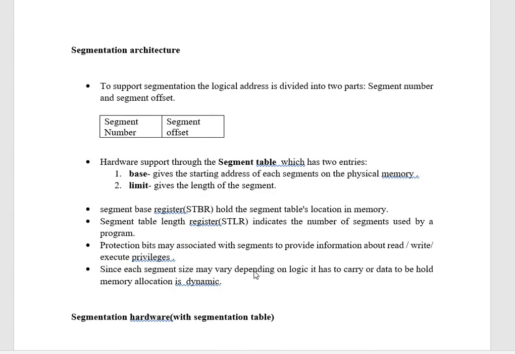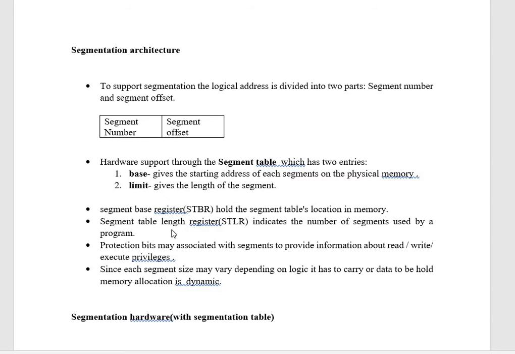Again, we have some register support for the segmentation architecture. The first register is the segment table base register, STBR, which holds the segment table's location in memory. Just as the PTBR holds the base address of the page table, the starting address of the segment table can be loaded onto the STBR.